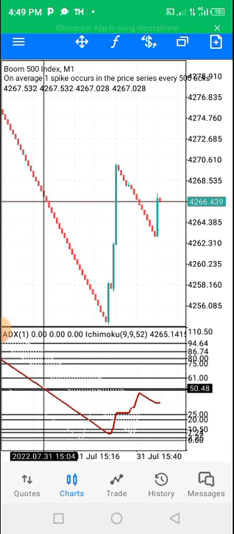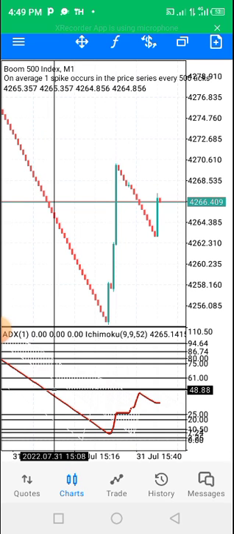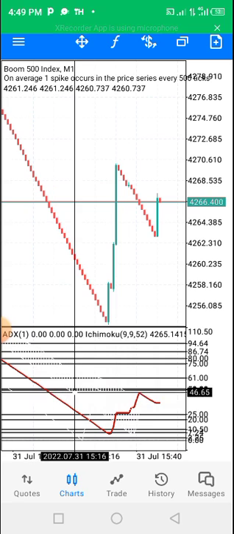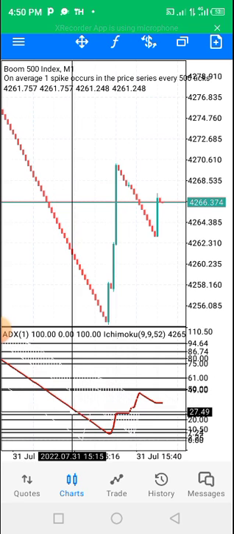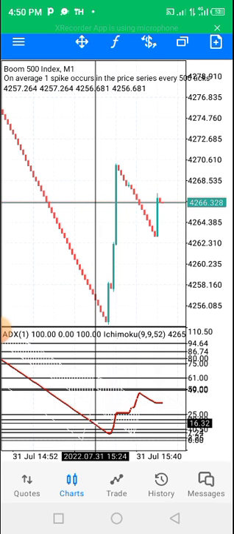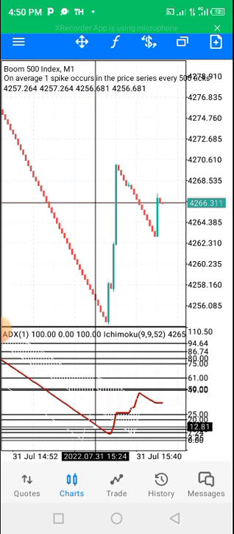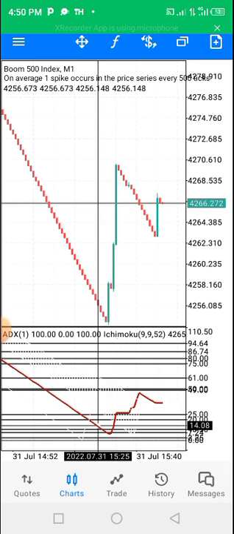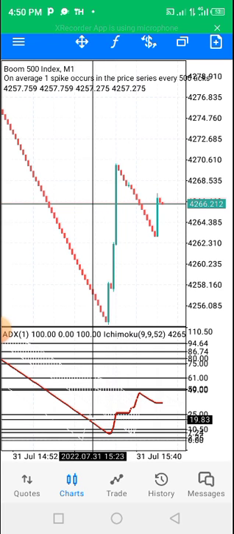So I still have to explain this one more time. Okay, to explain this one more time, I said the moment you see this straight line, okay, getting close to the level 20, okay, this level 20 here, going down to the level 7.24, okay, that's when you place your trade.